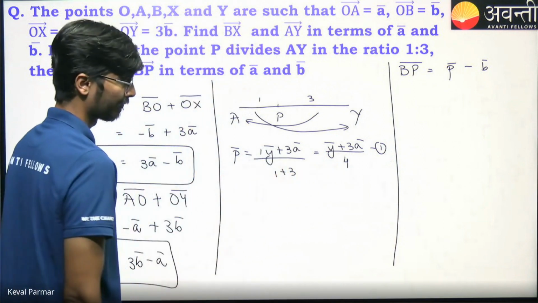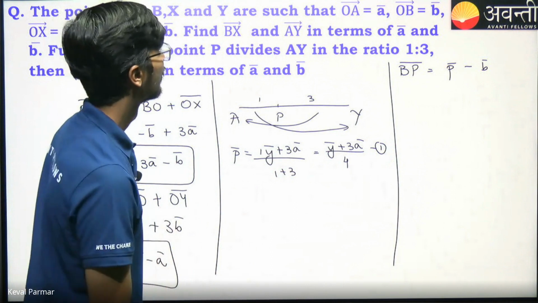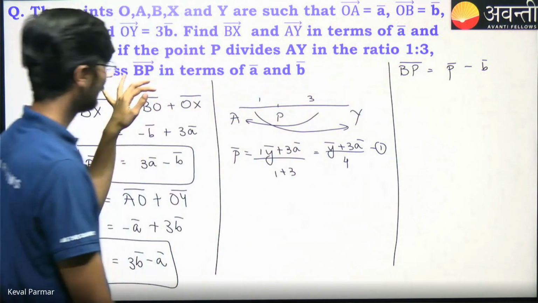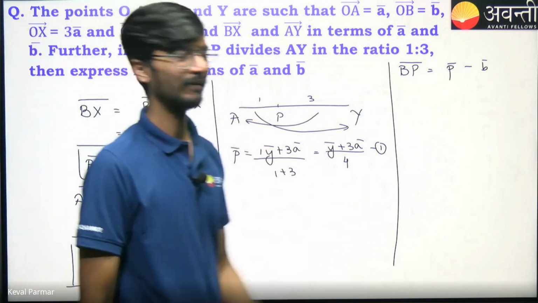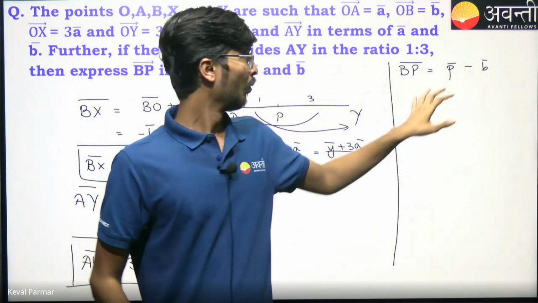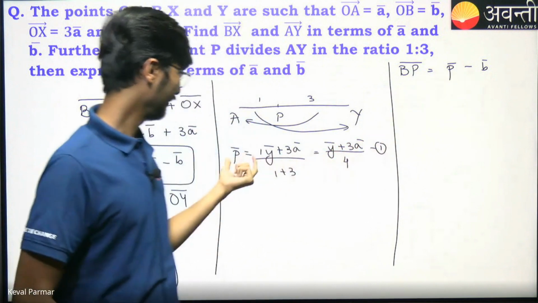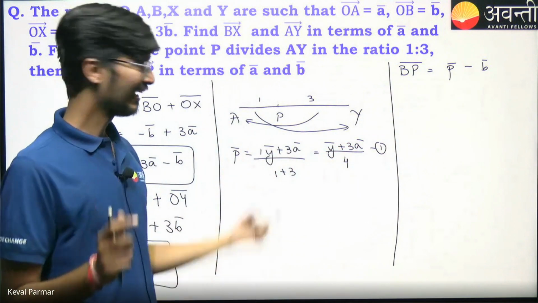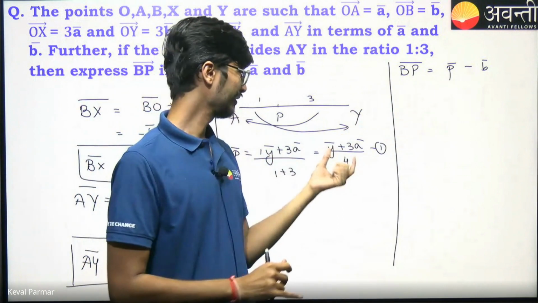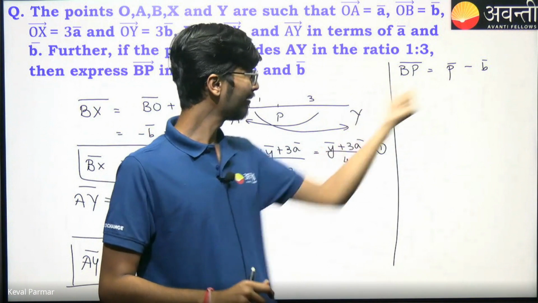This is P bar, and B bar is B bar. We have to write BP bar in terms of A bar and B bar, so this B bar will remain the same. If I substitute P bar in this, I'll get the entire expression in terms of A bar, Y bar and B bar.